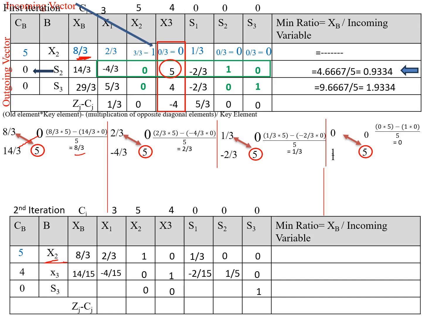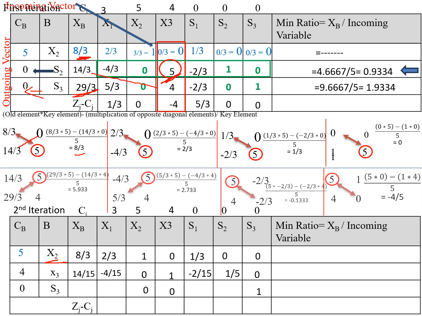Similarly, you have to replace the old element for the S3 row. So here the old element is 29 by 3 and the key element is 5 and the diagonal elements are 14 by 3 and 4. Then its values will become 5.933, next 2.733, minus 0.133 and minus 4 by 5.